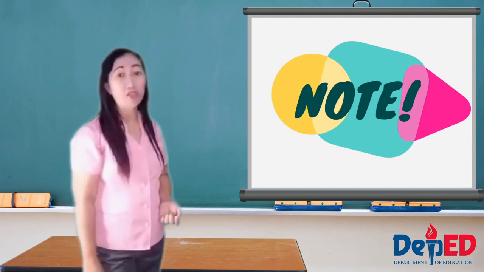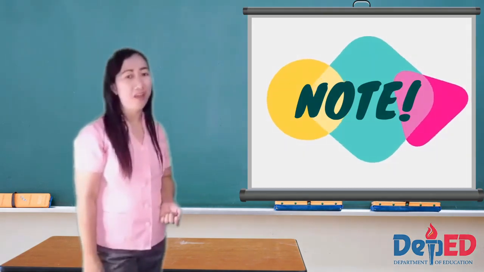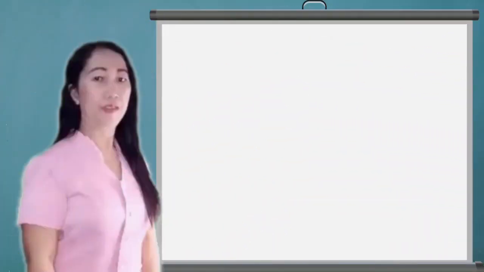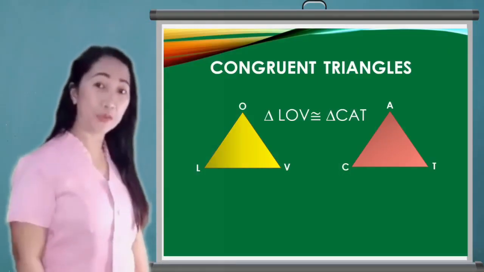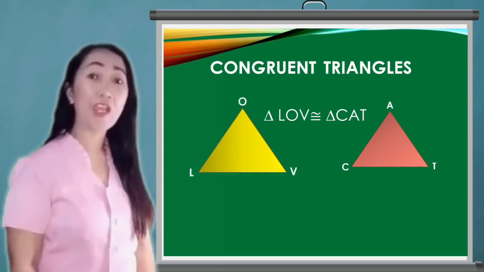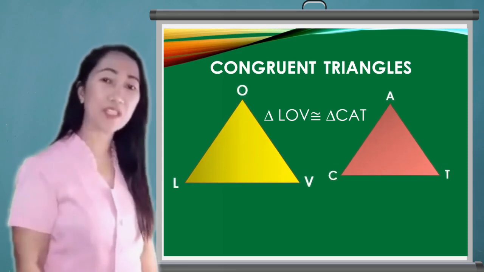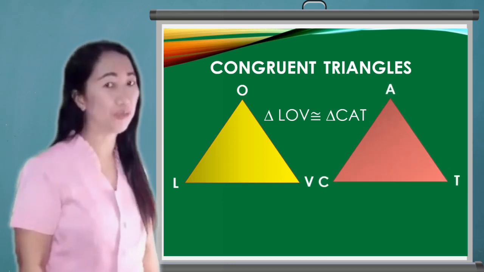Everything in this statement talks about pairing and matching. Triangle LOV is congruent to triangle CAT. It's because L corresponds to C, O corresponds to A, and V corresponds to T. So we can say that the two triangles are congruent if the three corresponding sides have the same length and the three corresponding angles have the same measurement.